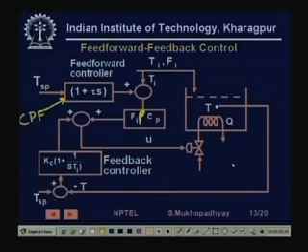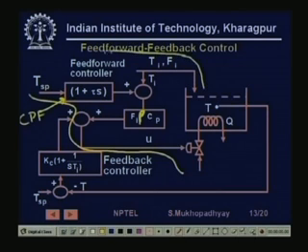So this part is the usual feed forward that we have seen, where we are measuring the disturbance, giving the set point, and according to our old calculated law we are giving the control input.